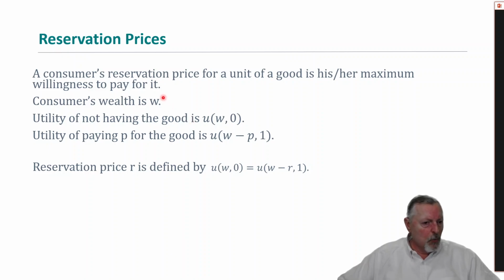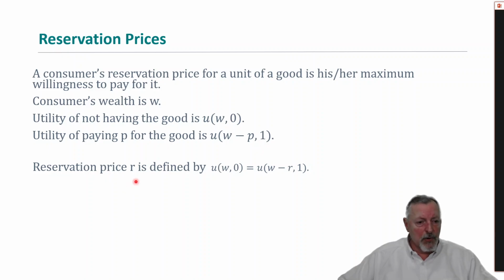If we assume your wealth is W, then the utility of not having that good, and this second term here is a binary: do you get the good, or do you not? In this first case, the utility of not getting the good is, well, you keep all your wealth, but you don't get the good. The utility of buying it is, if it costs P, your wealth minus P, but you do get the good.